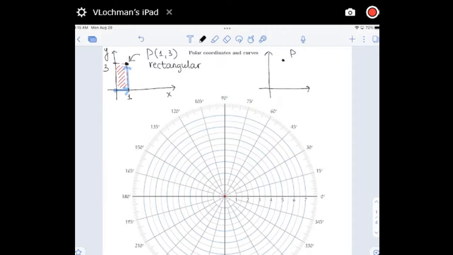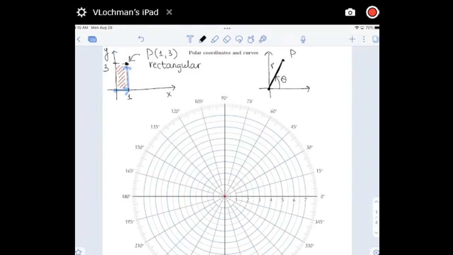Instead, we can say, okay, I'm going to go this distance right here, whatever this distance is. And I'm going to go at this particular angle, theta, okay? So the distance, we're going to call it r, which stands kind of like for radius, right?